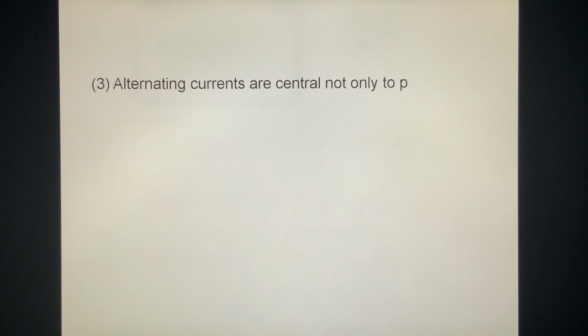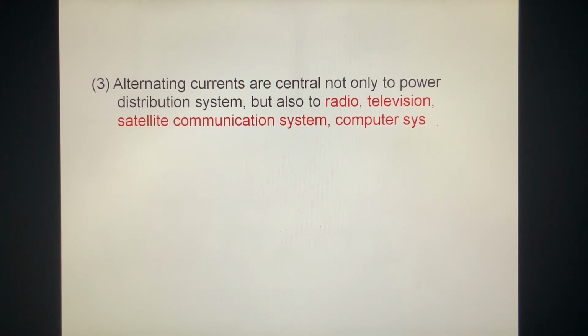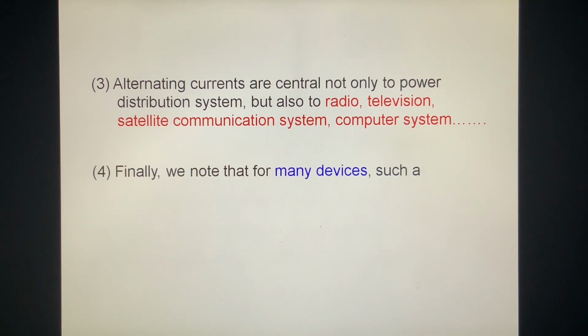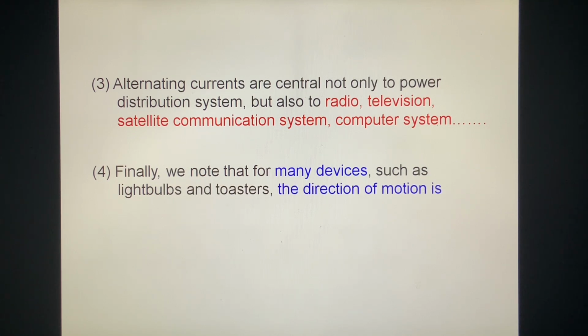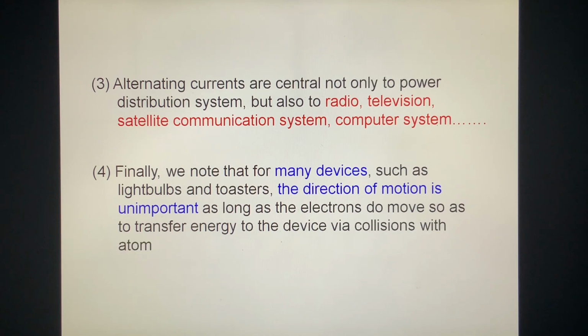Alternating currents are central not only to power distribution systems, but also to radio, television, satellite communication systems, computer systems, etc. 4. Finally, we know that for many devices, such as light bulbs and toasters, the direction of the motion is unimportant, as long as the electrons move so as to transfer energy to the devices via collisions with atoms in the device.